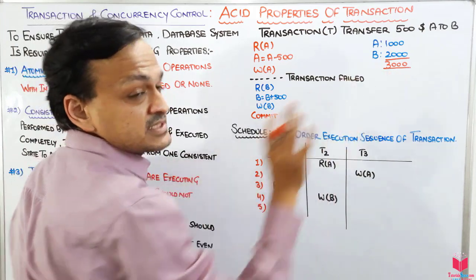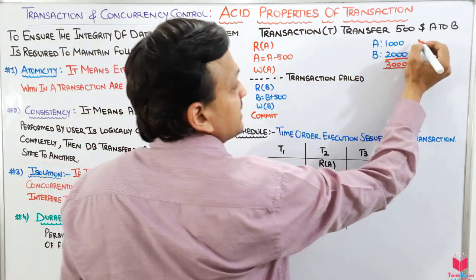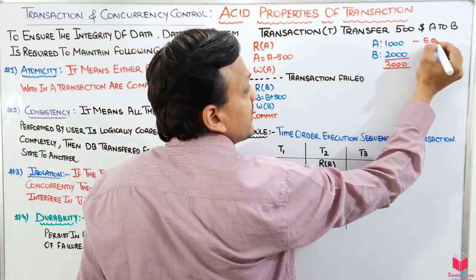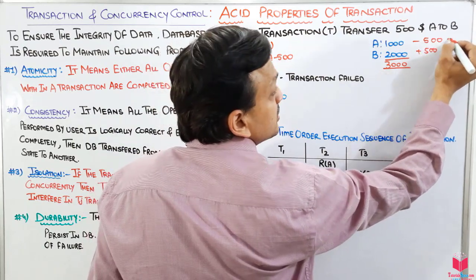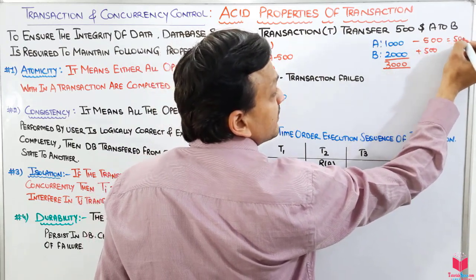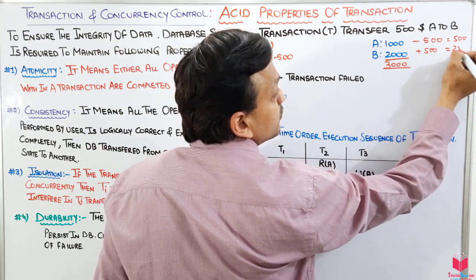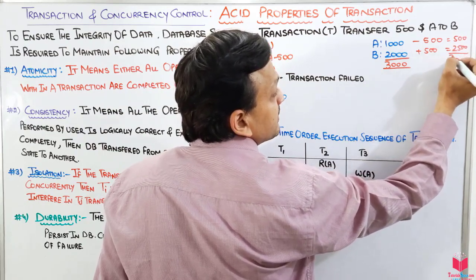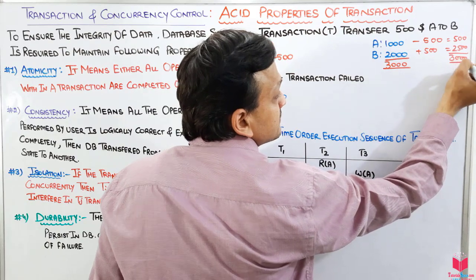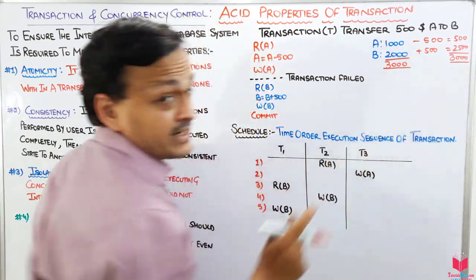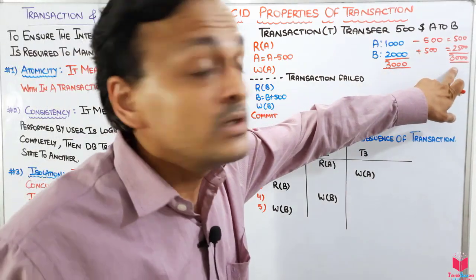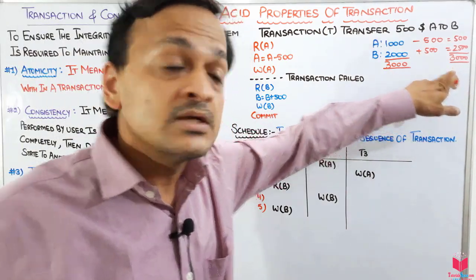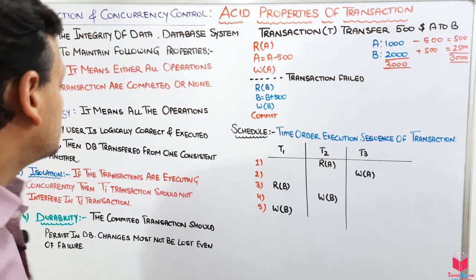This is the first consistent state. After the transaction, we have deducted 500 from this account and added 500 to that account. Now the remaining amount is 500 here and 2500 there. That means $3000, the same amount. That's why it is transferred from one consistent state to another consistent state, because the transaction is completed and logically correct.